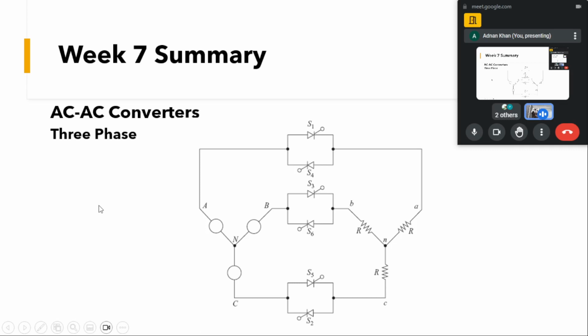In a similar fashion, like this was for the single phase, coming to the three phase, here we will be having this kind of a setup for each of the phases, and the operation is the same. If we want a positive half of a certain phase, we'll be turning on S1, and for the negative half we'll be turning on the other device, and so on for the other phases like A, B and C. And regarding the waveforms, you can go through the lectures.